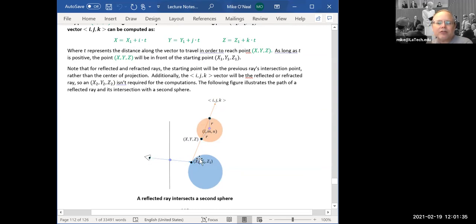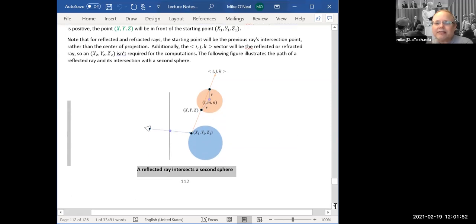But regardless of whether we're talking about some reflected or refracted ray, or the initial ray, we'll have an IJK, which will be the vector. And so it'll always work the same way regardless. Okay. All right, well that gets us down the ray.